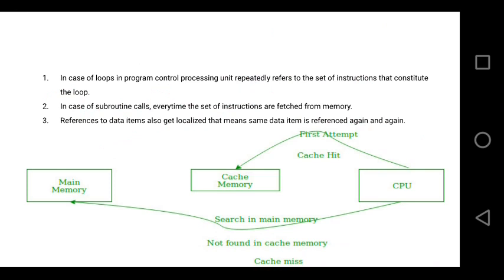So the references to data items also get localized, meaning the same data item is referenced again and again. So this is about cache hit and cache miss.